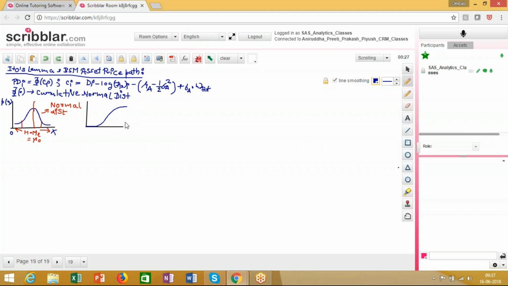This is what a cumulative distribution function looks like. So what exactly is a cumulative distribution function? It is a probability. I'll quickly refresh the concept of a cumulative distribution function, and then I'll move on.